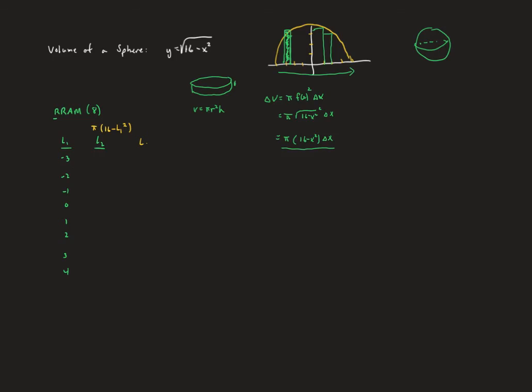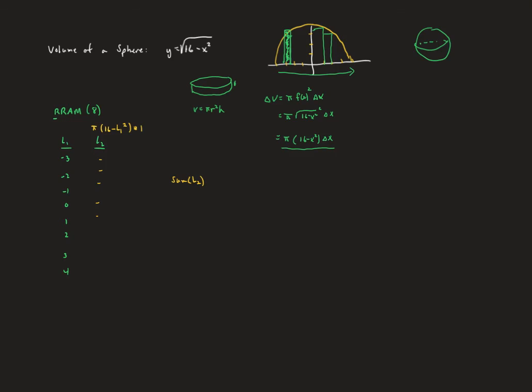And instead of L3, we can just include the delta x here, so we'll go times 1, since our delta x is just 1. That will give us, in L2, all of the volumes of each of those 8 little slices. Then when we're finished, we can take the sum of L2.